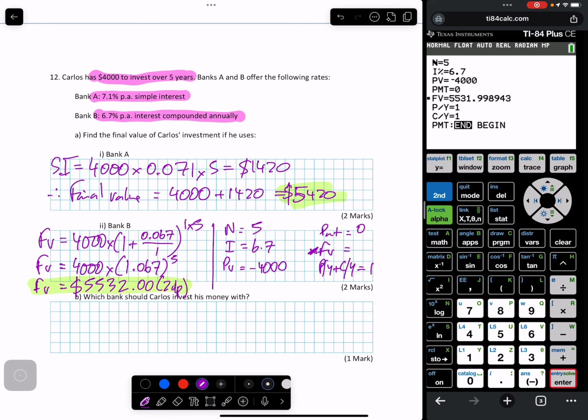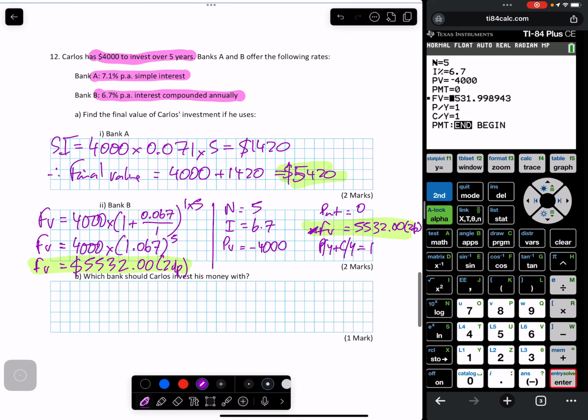Alpha, enter. So once again, 5532.00 rounded to 2 decimal points. Same answer. Which bank should Carlos invest his money with? Bank B, as he ends up with more.